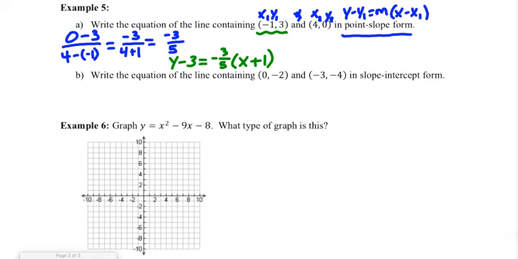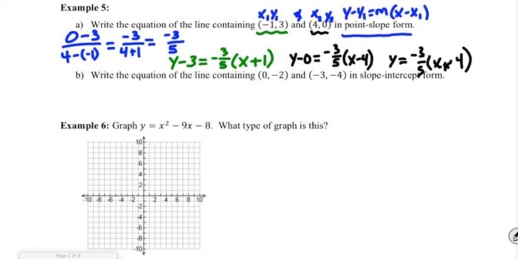Then if I'm going to go ahead and do this other point, which is not necessary, you only have to do one of the points, so you'd be done with the answer in green. But if you chose to use the other one, then you're looking at y minus 0 equals your slope, x minus 4, and then you would simplify this one step further to y equals negative 3/5 x minus 4.